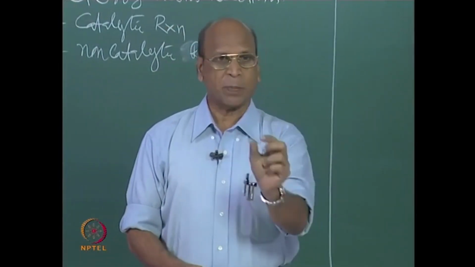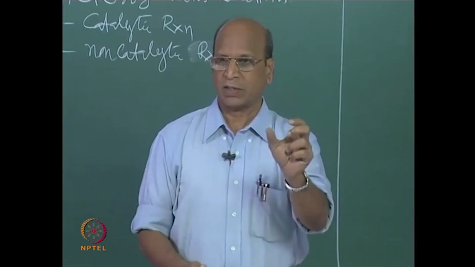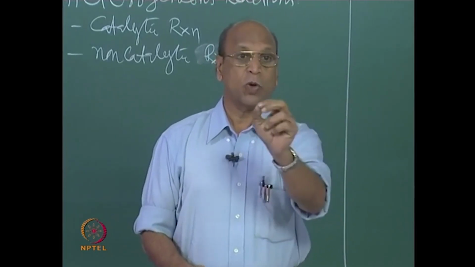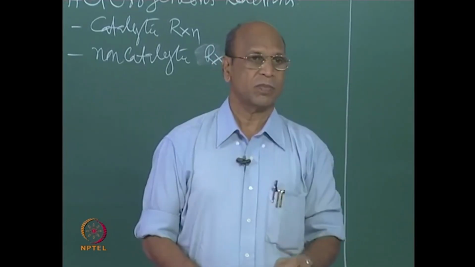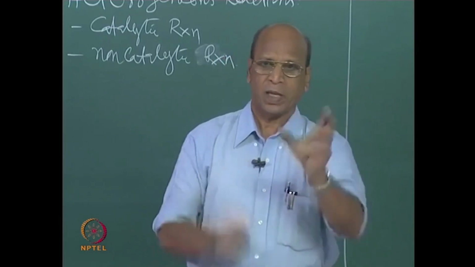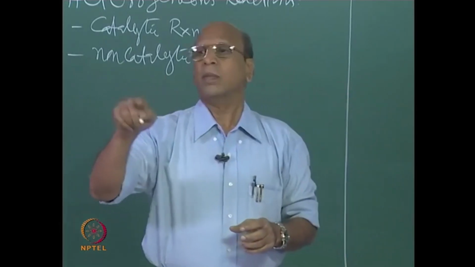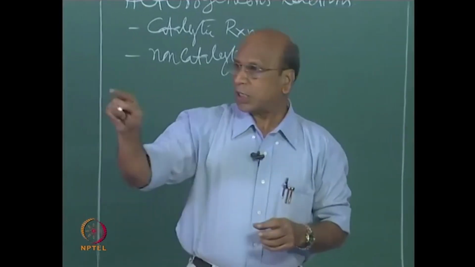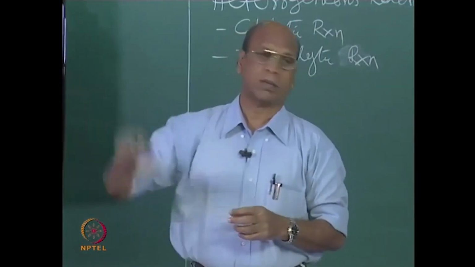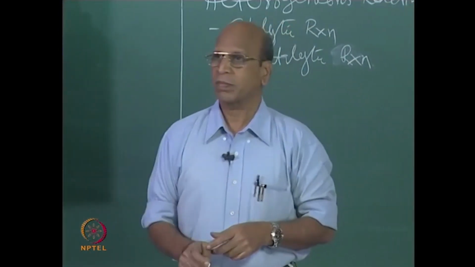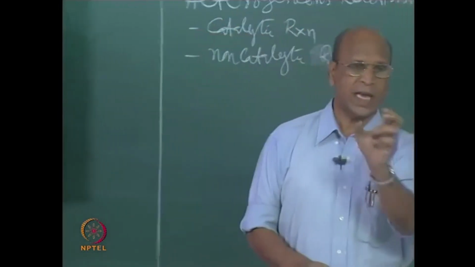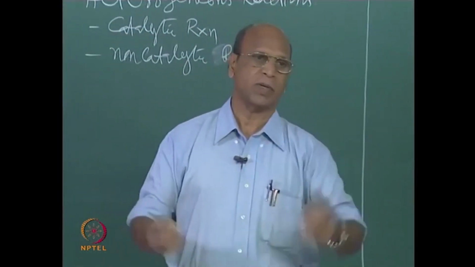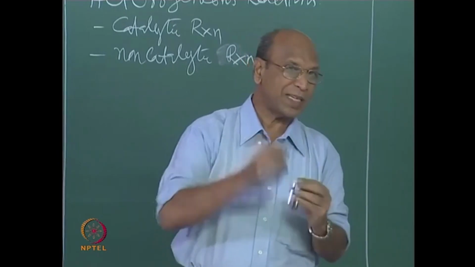I can give this in the surprise test, sometime I have to start that test also. Suppose the rate equals k C A square. The mass transfer step is the same, kg into (CAB minus CAS). Now, that is equivalent to k into CAS square. The moment I put that CAS square, then you have a quadratic equation, because our idea is to eliminate CAS.